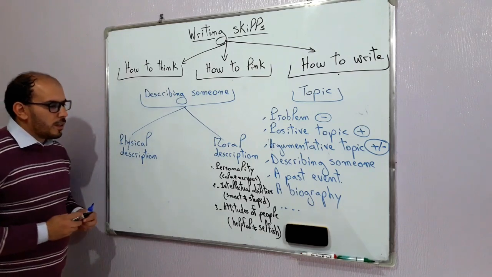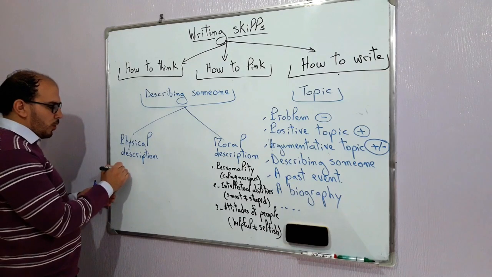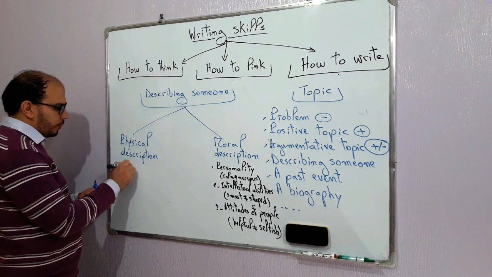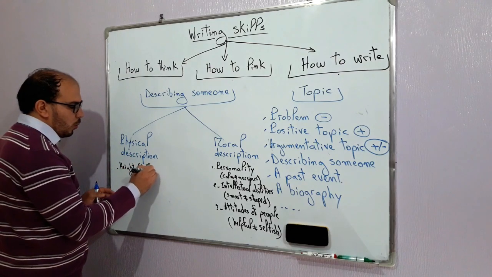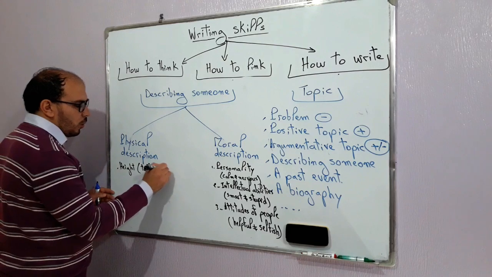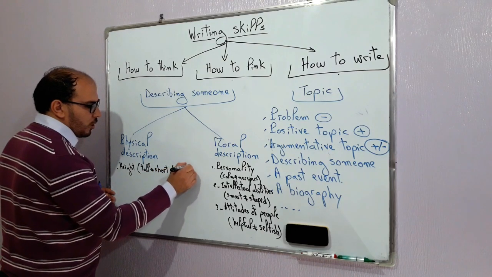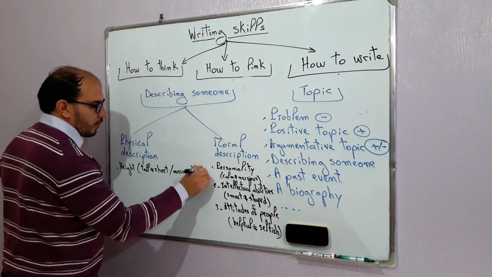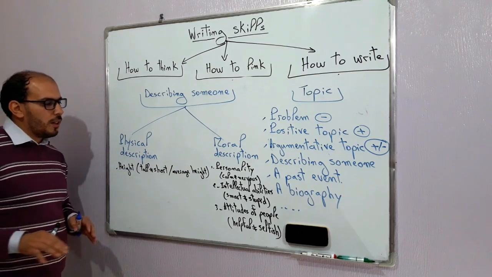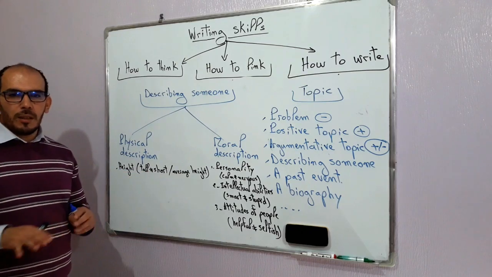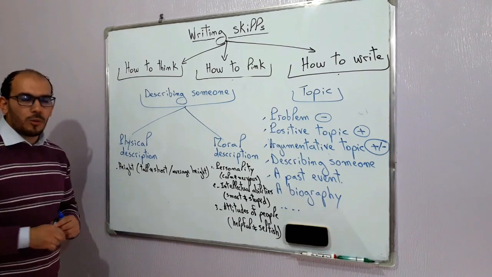In terms of physical description, there are also certain things. For example, I can describe height. For the height I say tall or short or in between, so we say average height. We don't have any other adjectives, so we say tall or short, or average means medium, neither tall nor short.